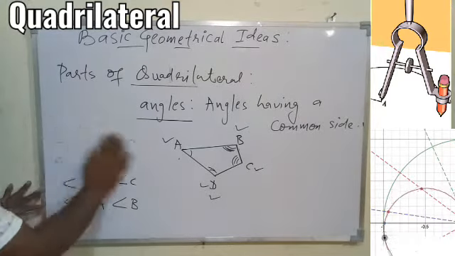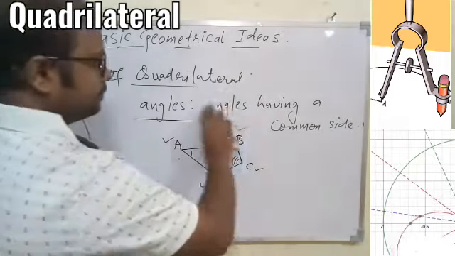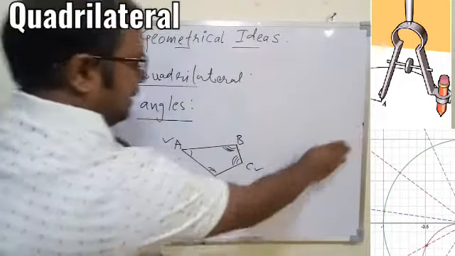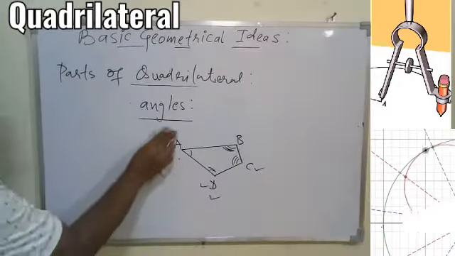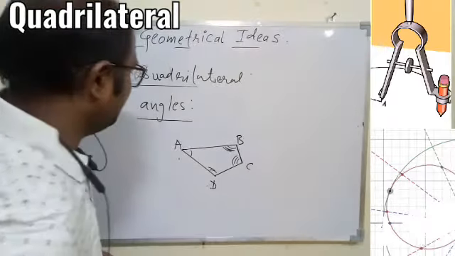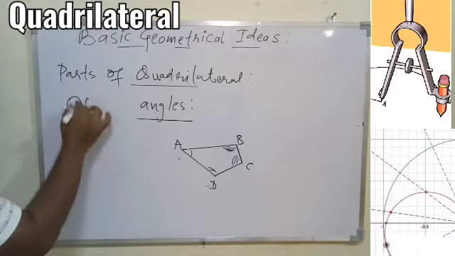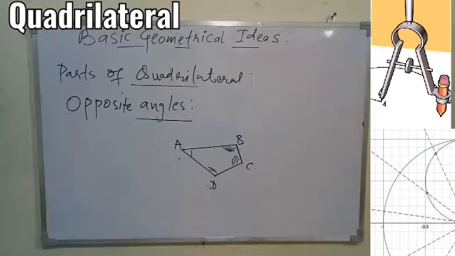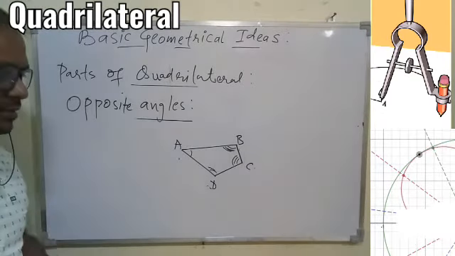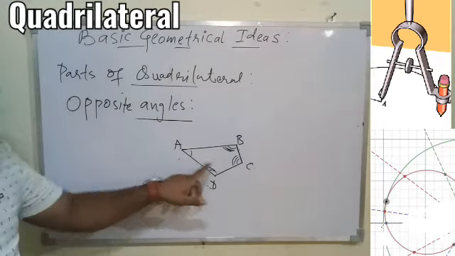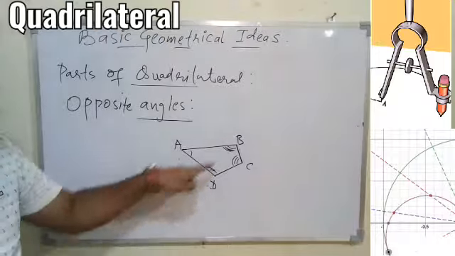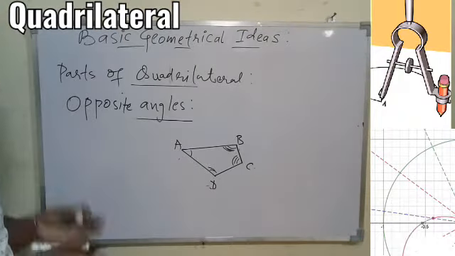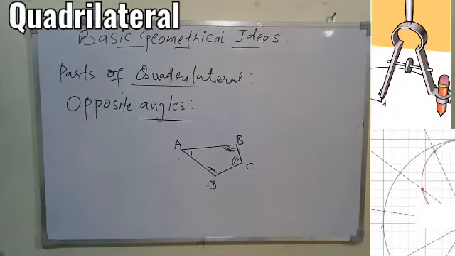Now we'll go for the next term that we have related with the quadrilateral. That is called opposite angles. Opposite means the angles which are facing each other. So here A and C are facing each other, angle B and D are facing each other. So opposite angles are only two pairs we have.